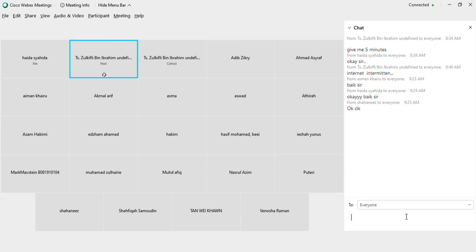Jadi dia bagi open ended question ni maksudnya kalau macam dulu saya belajar, kita ada buat open book test. So the question very simple tapi the answer tu kita tak tahu. So the answer is not satu.